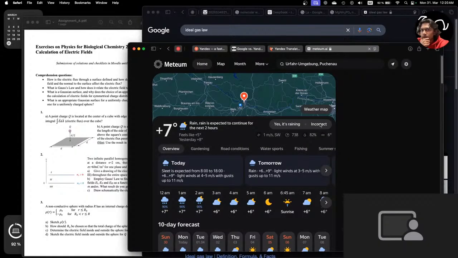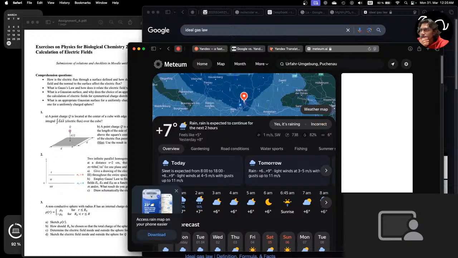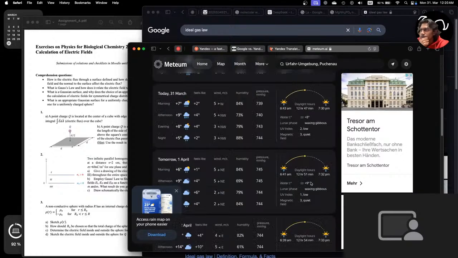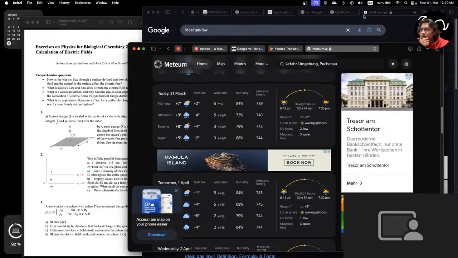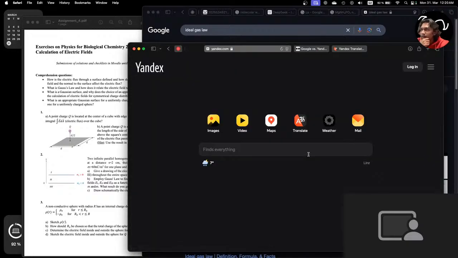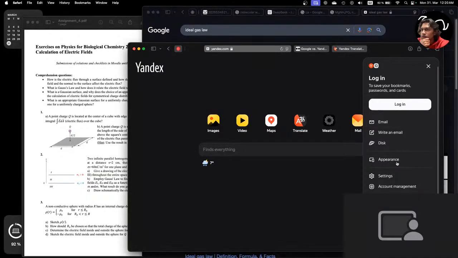Yandex also has a bank. Okay. Oh, I did not reveal my location. Okay, yeah, it's really interesting.